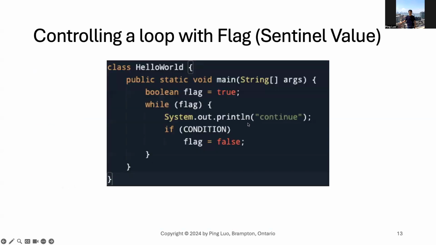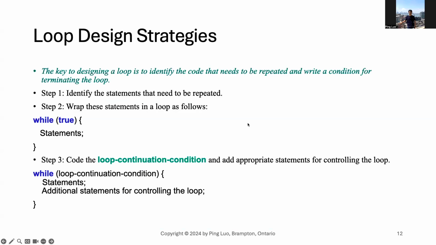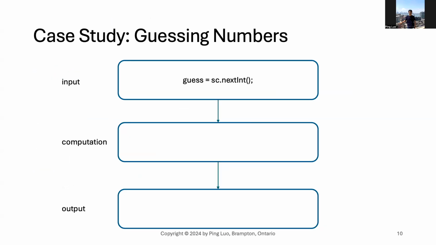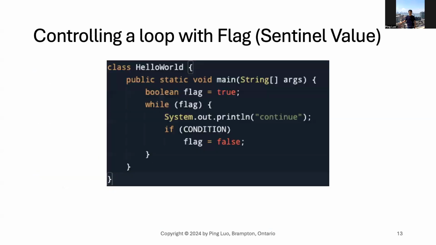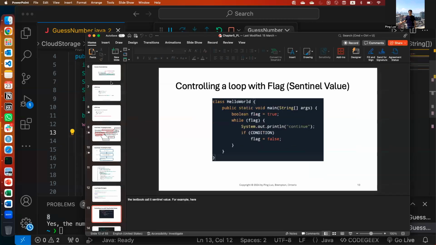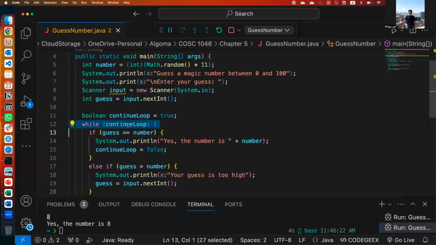Another way is like that previous example, where we use a continuous loop. We use a Boolean type to determine whether it stops or not.